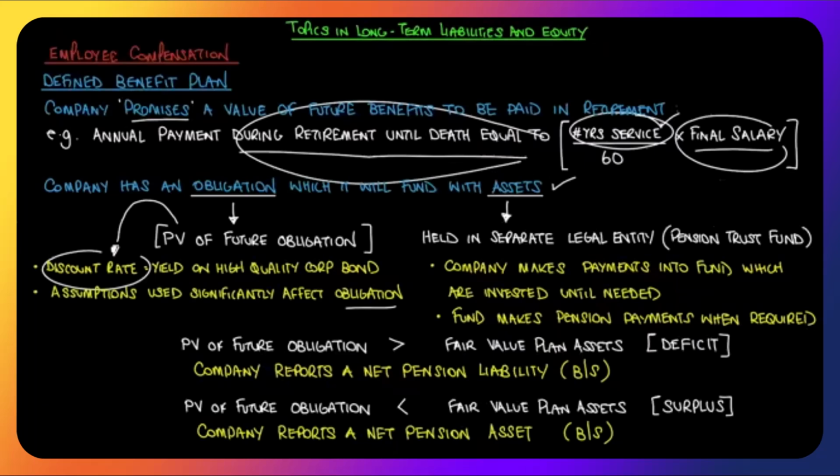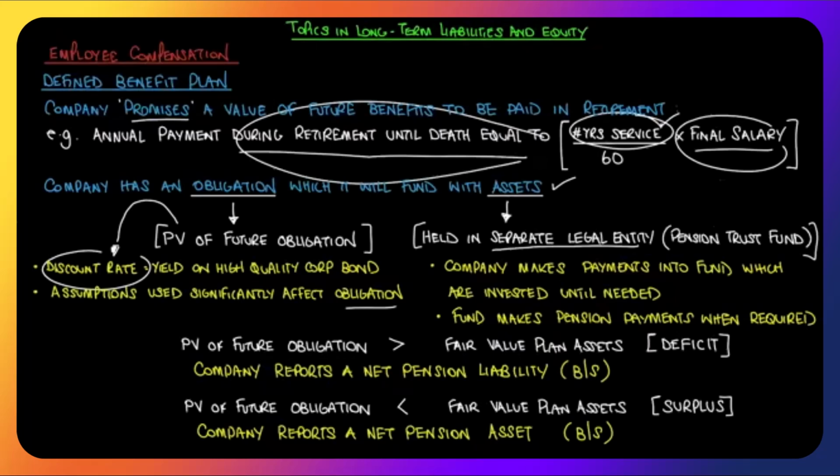So what we'll do is also show the fair value of plan assets in the company's balance sheet. These assets are likely to be held in a separate legal entity, a separate pension trust fund, but they will be shown netted off, which is exciting. We don't get to net things off very often with accountants, but they will be shown netted off against the PV of the future obligation in one line.